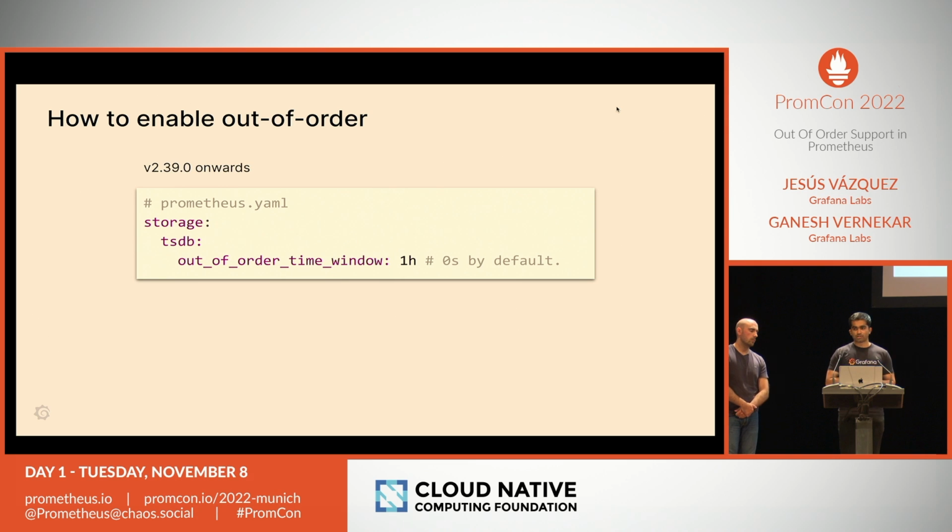So if you wanted to ingest samples in the future, you can't ingest samples in the present. So this takes care of it, where if you expect samples to be like, let's say 24 hours in the future, you can set this out of order time window for 24 hours. So you get the samples for the future, and the 24-hour out of order window will take care of samples in the present. And this way, you can ingest any sample in TSDB irrespective of what timestamp it has.